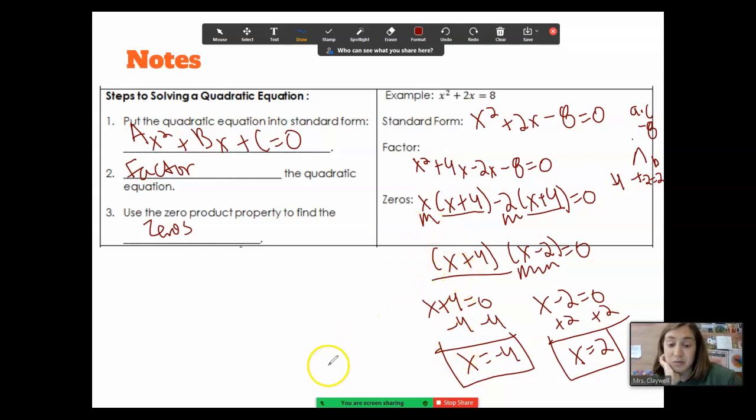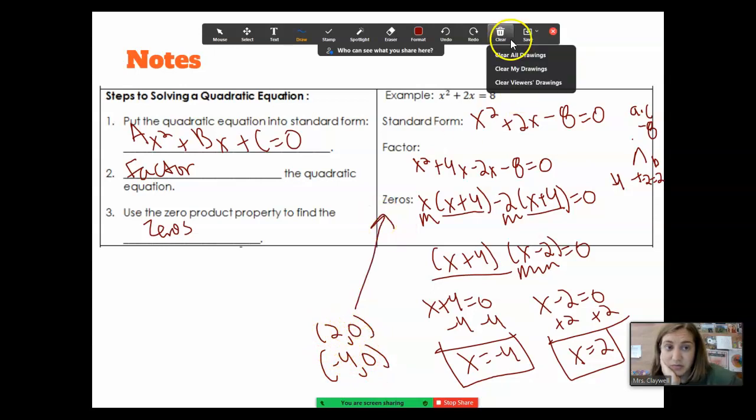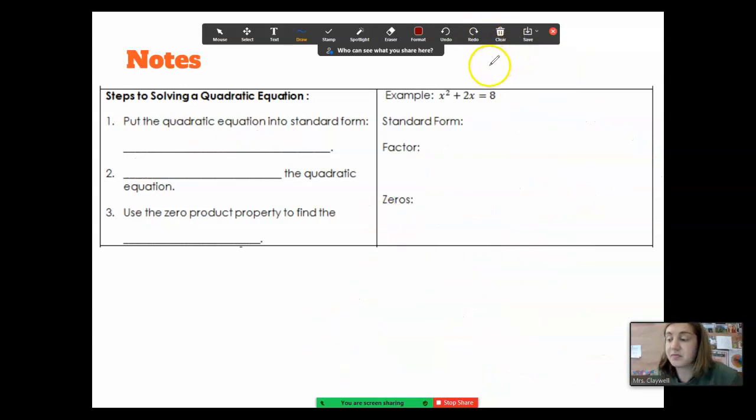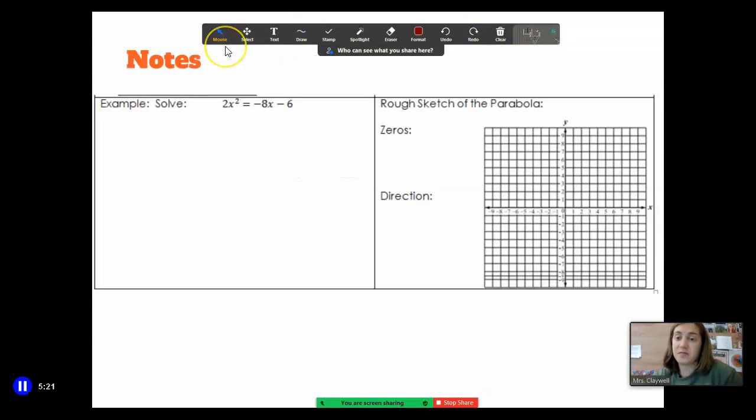So my zeros would be (-4, 0) and (2, 0). We can also use these to solve or roughly sketch them.